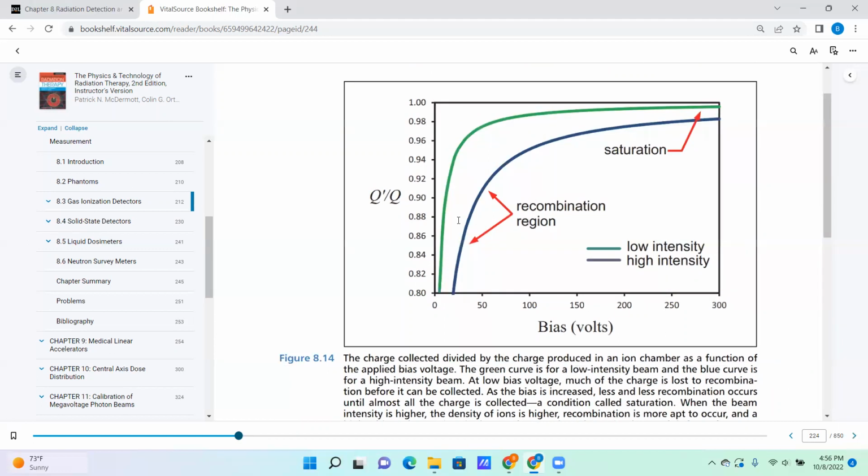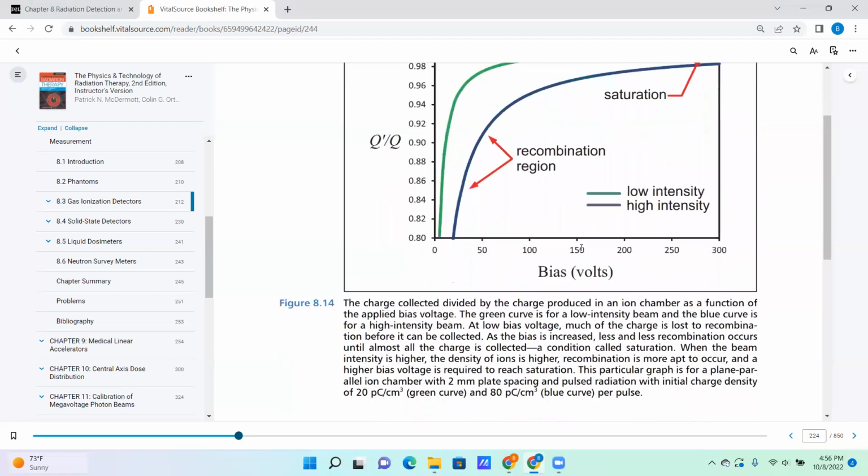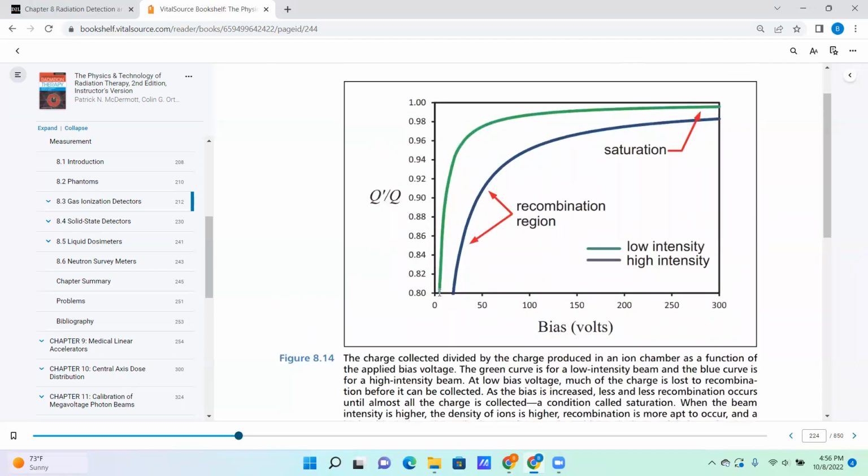For the green curve, as the bias increases, you're getting up close to saturation. That's for the low intensity. For the high intensity, it gets closer to saturation, but the bend doesn't take as sharp a turn as it does with the low intensity.